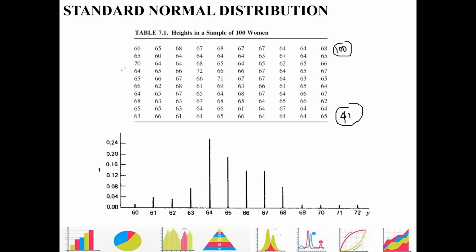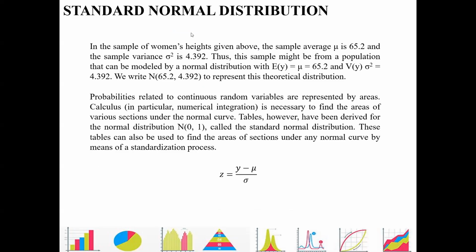So if you graph this particular data, ito ang kanyang summary o yung kanyang graph. So mapapansin niyo dyan na halos it portrays a bell curve. Okay. So for that example, in the sample of women's height given above, the sample average mean is 65.2.